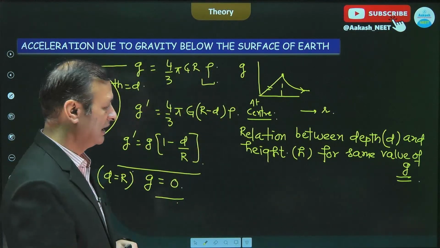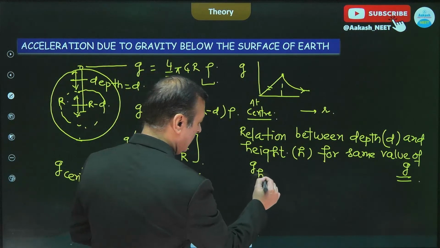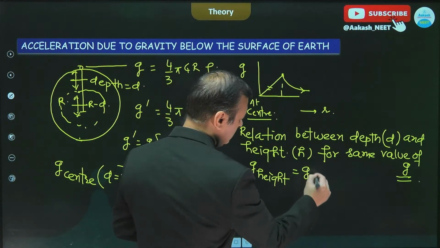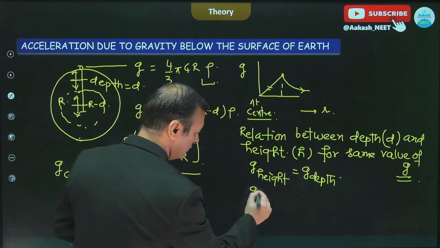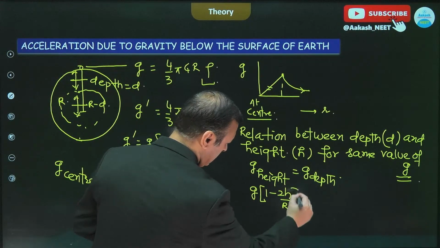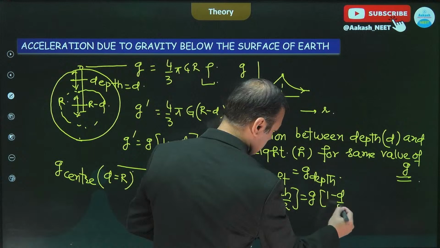So this is my assumption. So it says g at height is equal to g at depth, and for small h this is given to you as g(1 - 2h/R), and this is g(1 - d/R).